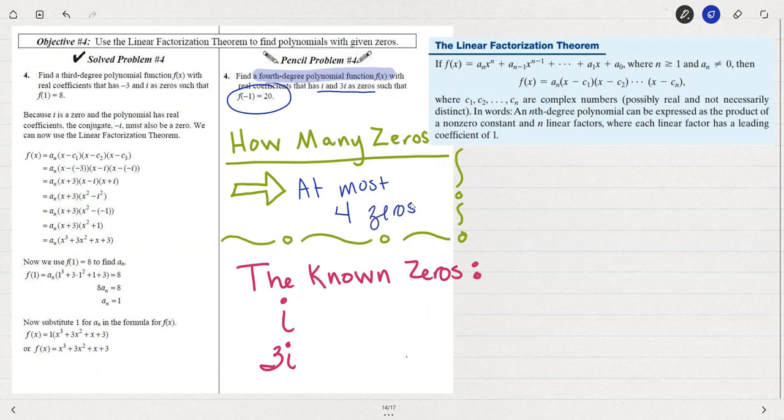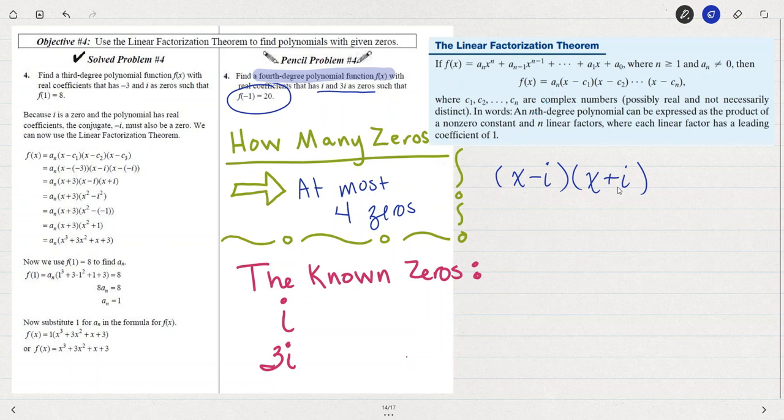So we know there's at most 4. The next thing we know is that complex factors and complex zeros come in pairs. Whenever you have a factor x minus i, its conjugate x plus i is also a factor.